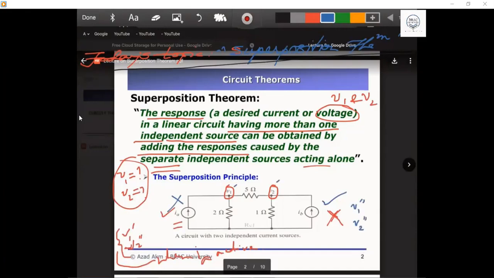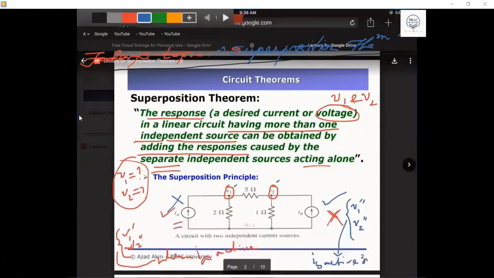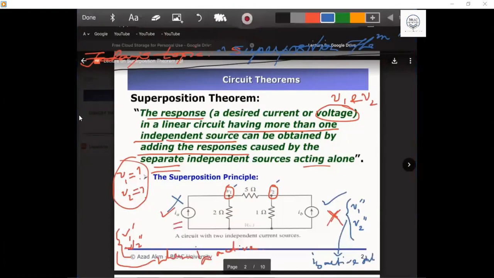That means you get these two values from V1 and V2 by considering only IB active. Others are deactivated, that means IA is deactivated. This is how you find these two sets of values, one for each source active alone.